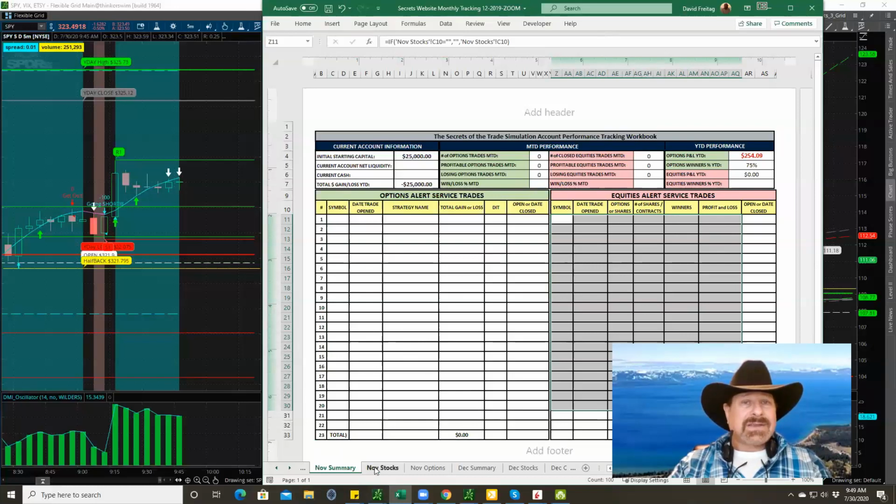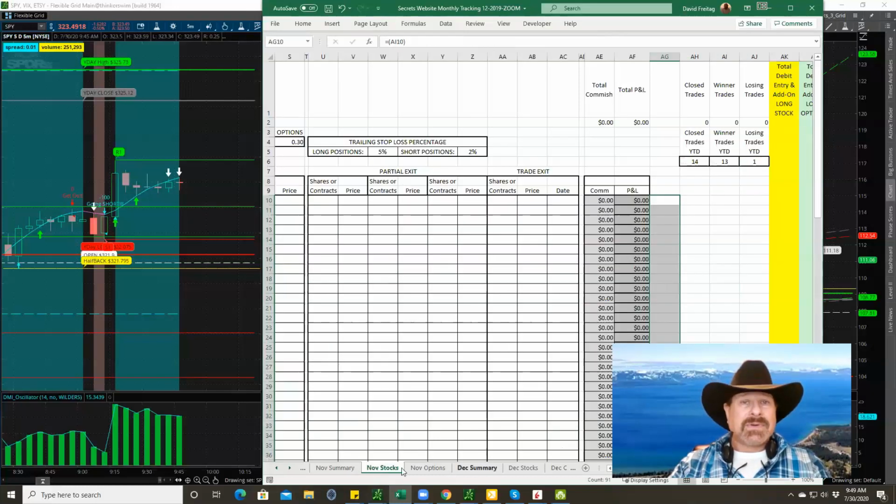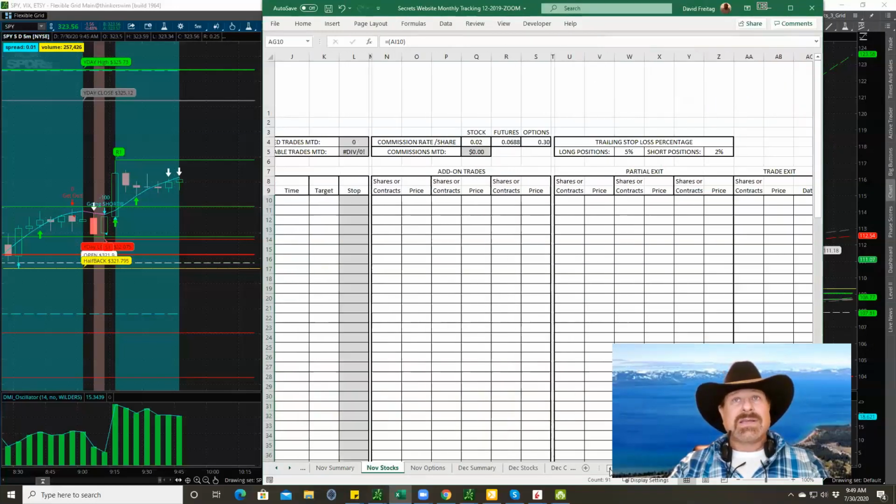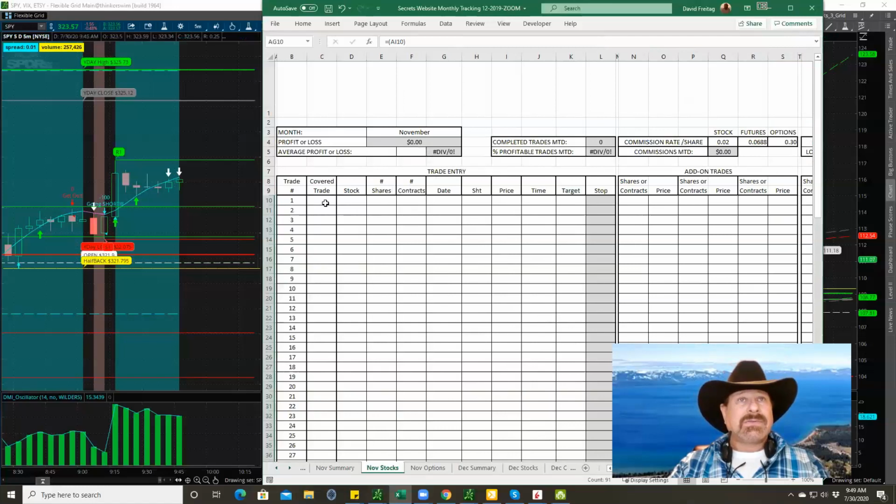And so, if I'm here, I'm going to go ahead and put in all of my trades, and I keep track of whether it's a covered stock position, how many shares, or how many contracts if it's an options trade, with the date and time that I put it in, whether it was short or long, what the price and what my target and stop is.